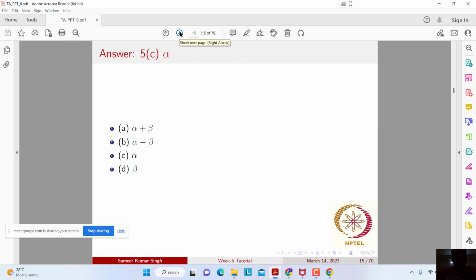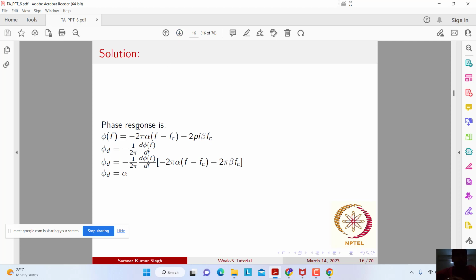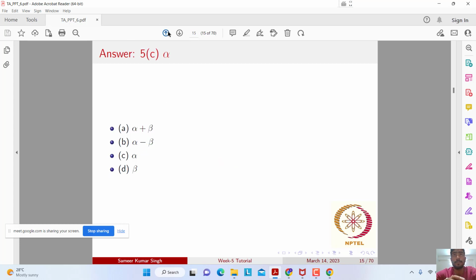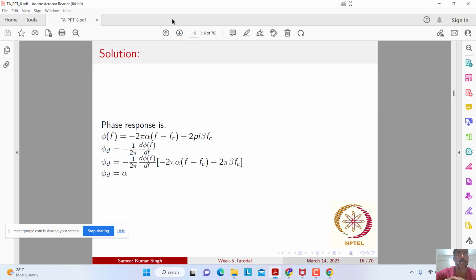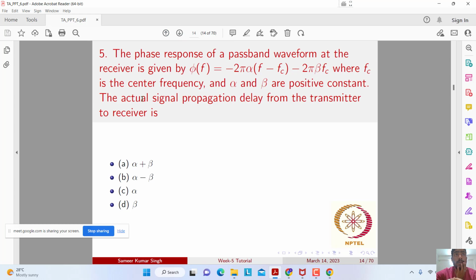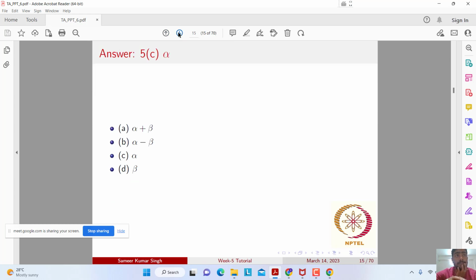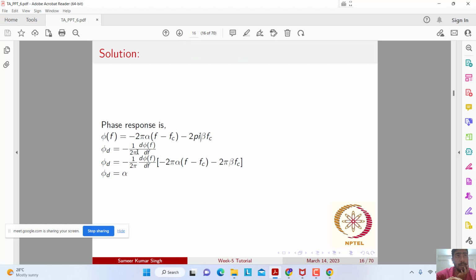The answer will be C part. Actually, we have a phase response that is given, minus 2 pi alpha f minus fc minus 2 pi beta fc. So we have to calculate the signal propagation delay. So again, apply the formula and differentiate this term with respect to f.